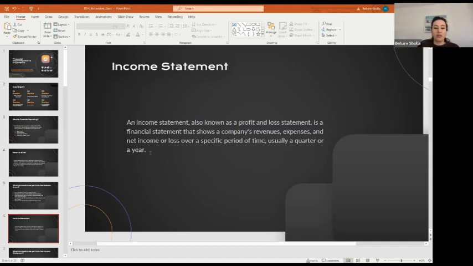And here I will add that another important piece of information from the income statement is the gross profit. So gross profit is what we get when we deduct the cost of goods sold from the revenues.